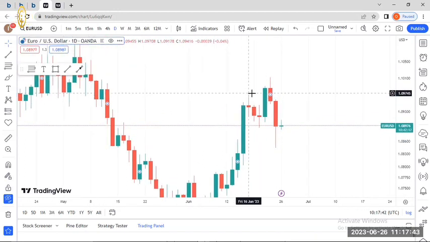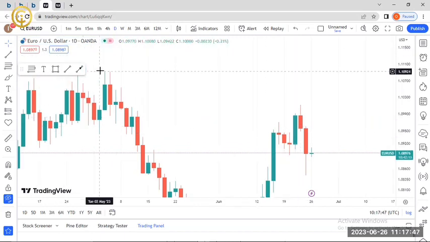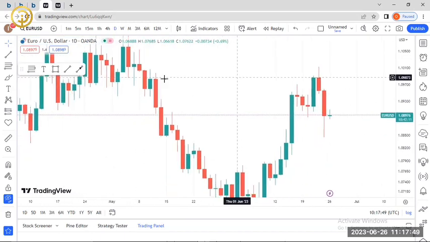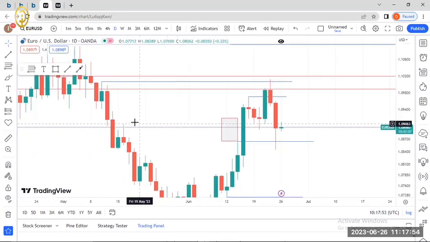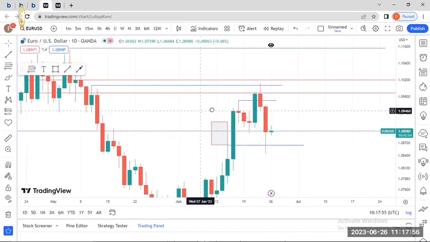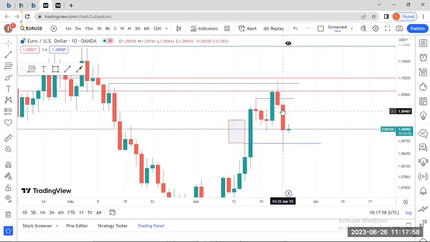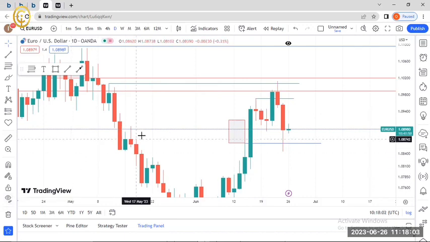So naturally, you would have expected that since it has done this, it was coming for this high. But we saw all those reversal patterns before we actually had this move down. So all of it happened on Thursday, which was a reversal day.